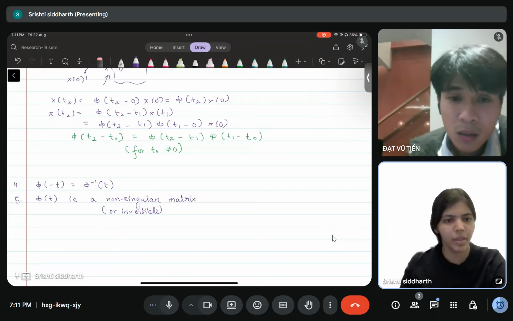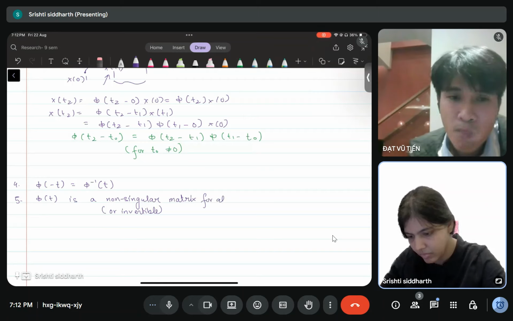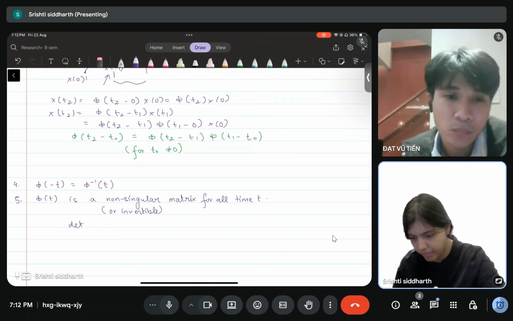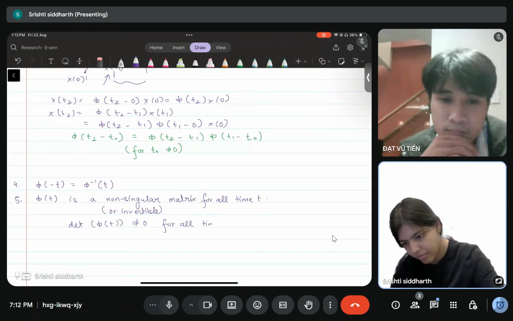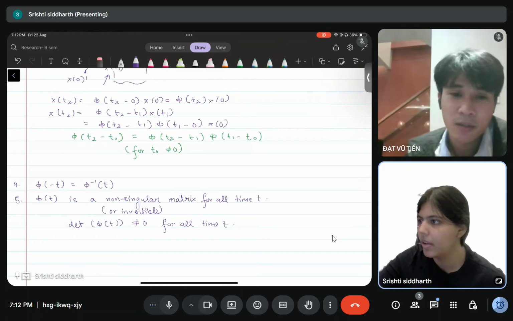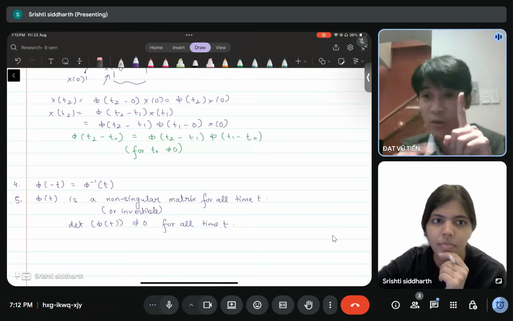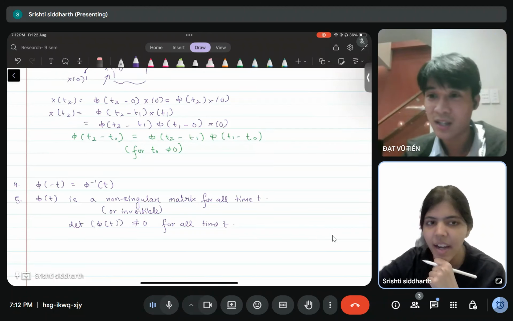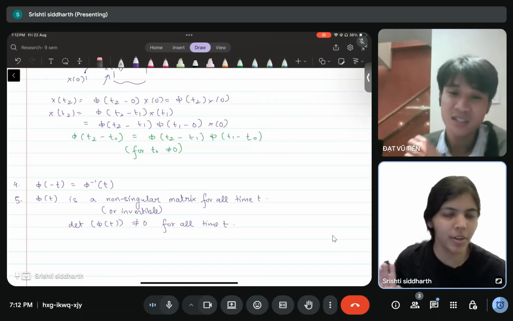That's another term for invertibility, non-singular. Otherwise, the determinant would be zero. That's not possible. That would not be a state transition matrix for any system.